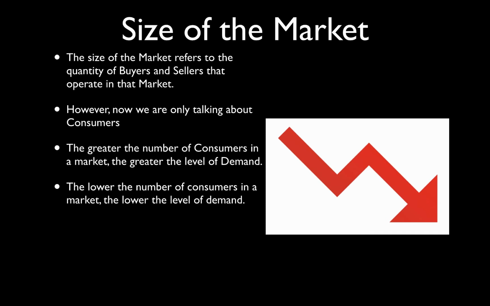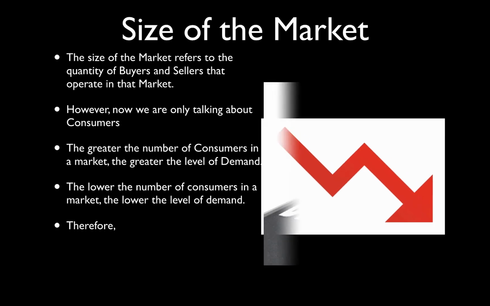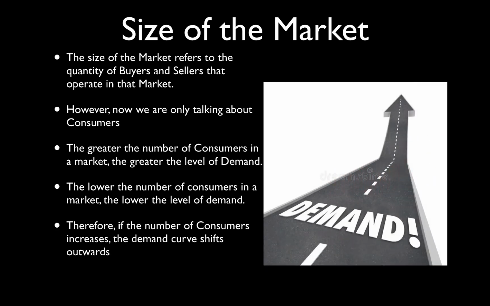Now that's not what economics is about. Economics is essentially about measuring the change in one thing and how it affects the change in something else. So if the number of consumers increases, that's a change in the number of demanders, the demand side of the market.